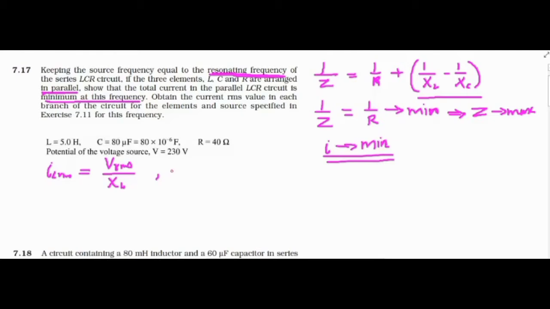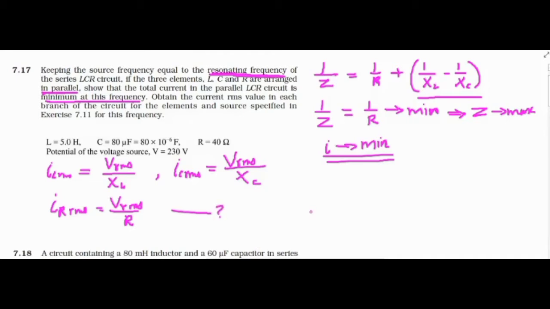XL is omega L. Same way you have IC RMS, the RMS value of current in the capacitor. You get VRMS divided by XC. And you have IR RMS is equal to VRMS divided by R. Again, I repeat, in parallel circuit, voltage remains constant across each component. So you can calculate these three values.